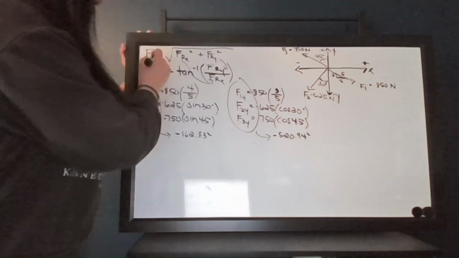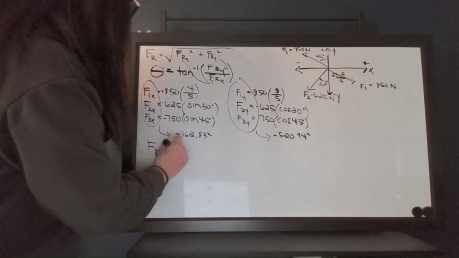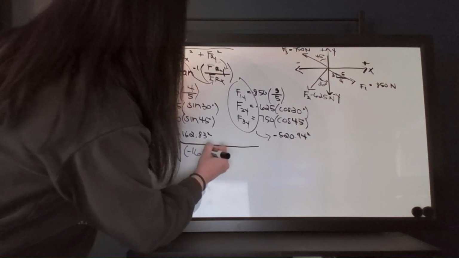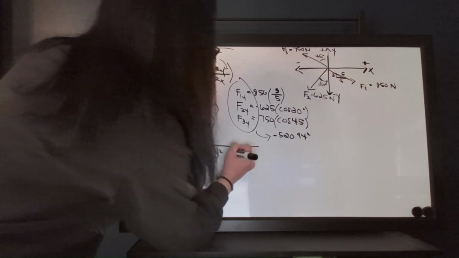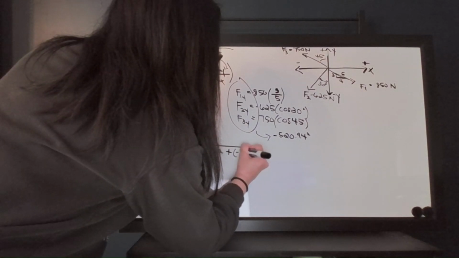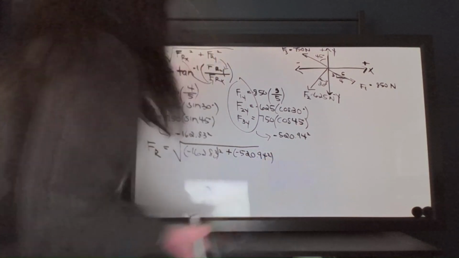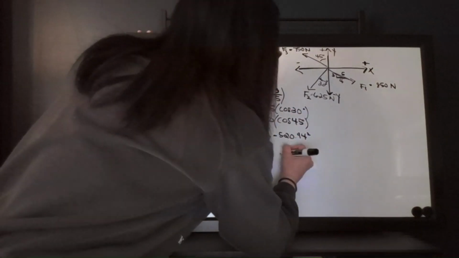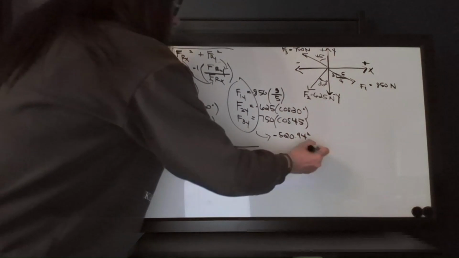So we're going to plug that into the resultant force equation. We're going to square root that, plus 20.94 squared. And that's going to equal 546 newtons. And that's the resultant force.